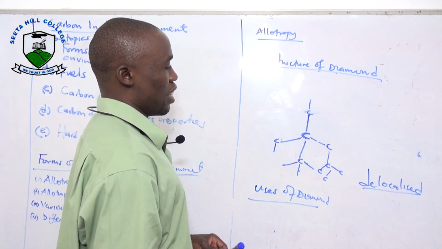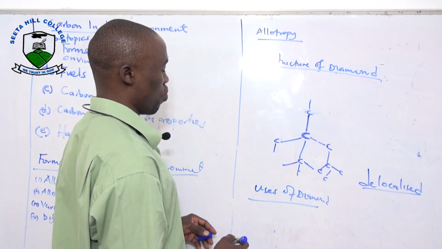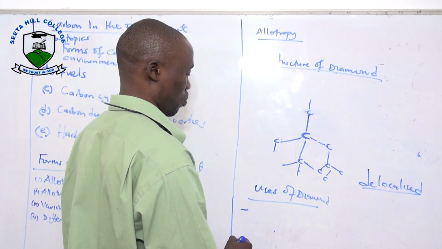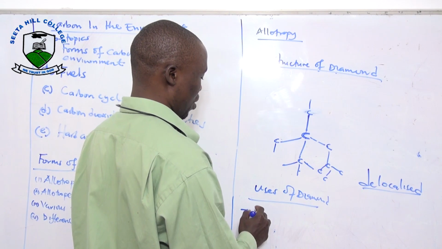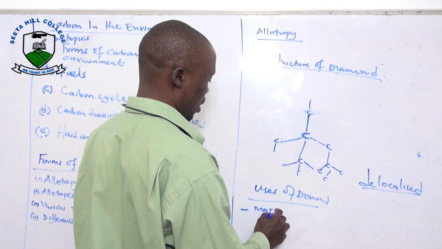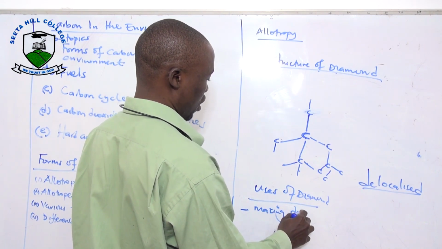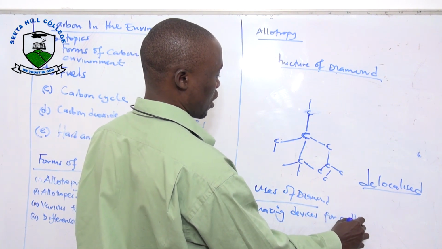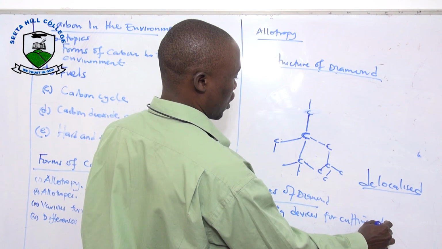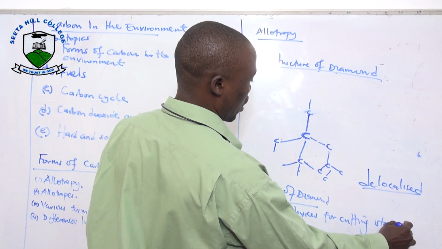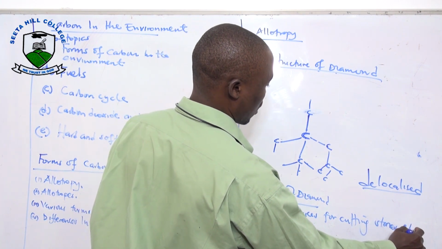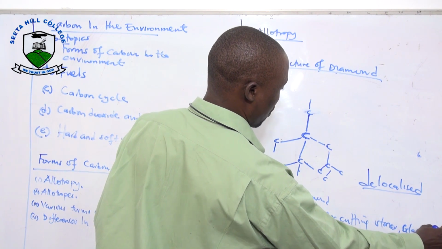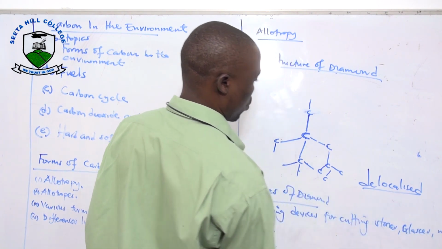A hard substance is used for making devices for cutting what? Stones, glasses, other metals.